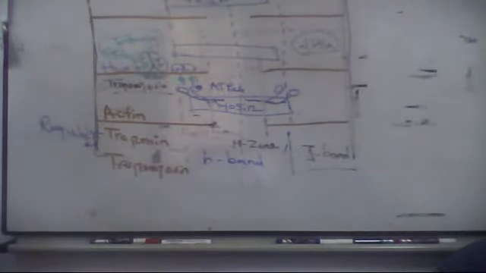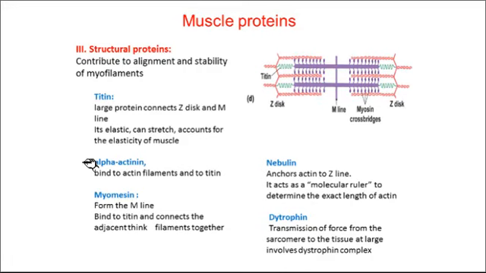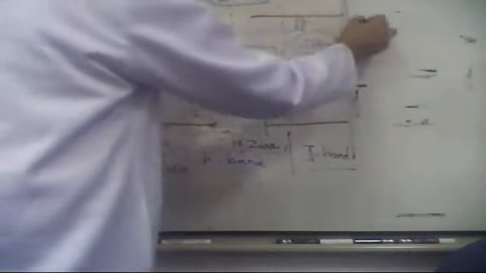Titin is the protein that attaches the M line to the Z line, and we mentioned it as a large elastic protein, and it is concerned with the elasticity of the skeletal muscle. Alpha-actinin binds actin filaments to the titin.